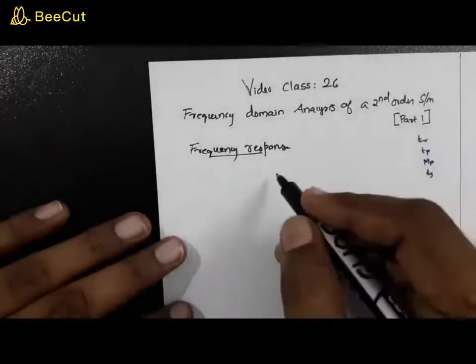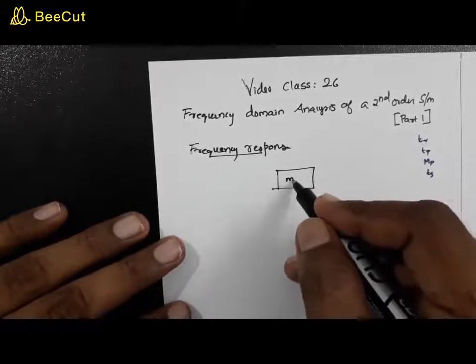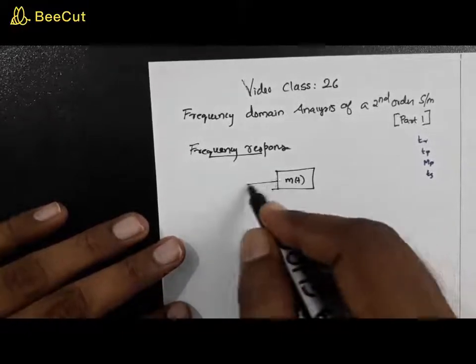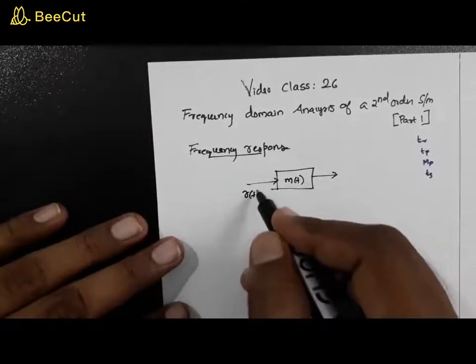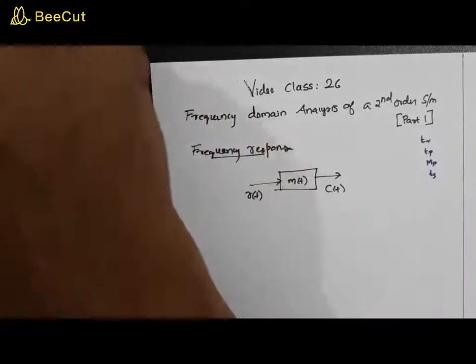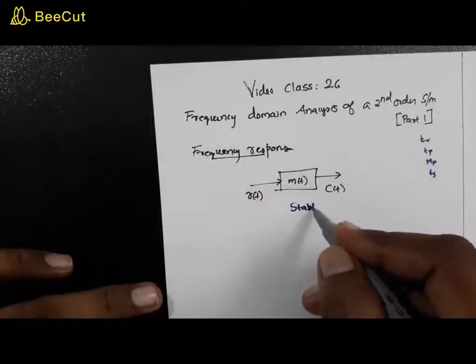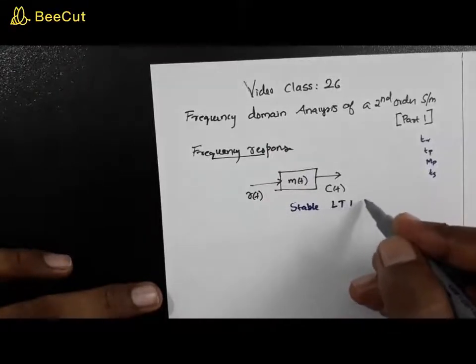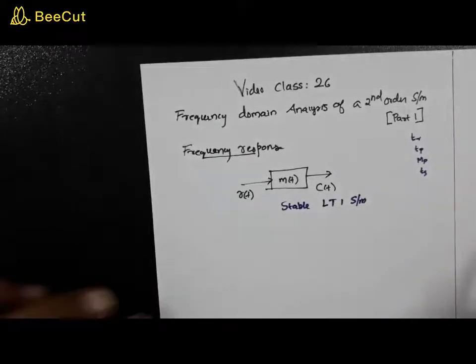So for that, consider a system with the impulse response m of t, with input r of t and output c of t. Now assume that the system is a stable LTI system. You know what an LTI system is, which we have studied in the signals and systems course.